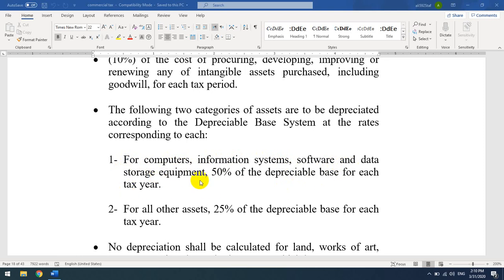These are examples of IT fixed assets. This category has to be depreciated using the depreciation base system at 50% of the depreciation base.